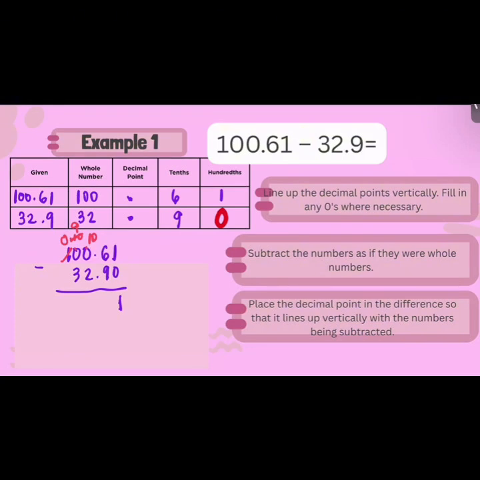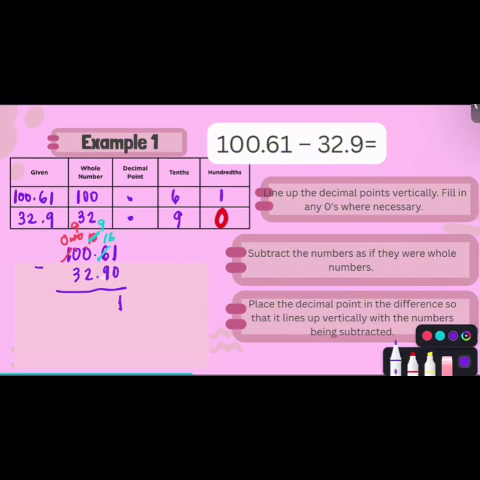So the 10 becomes 9 and our 6 becomes 16. Therefore, we can proceed in subtraction. It is really important that we know how to borrow. Now, let's proceed in subtraction.